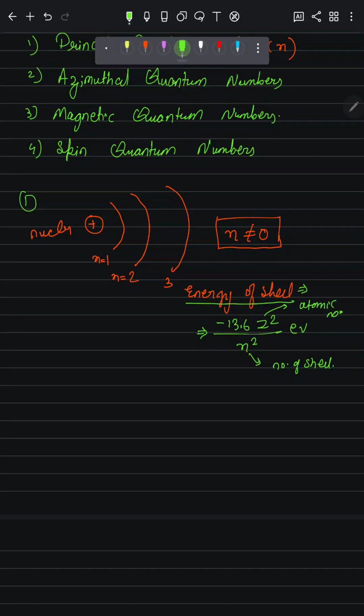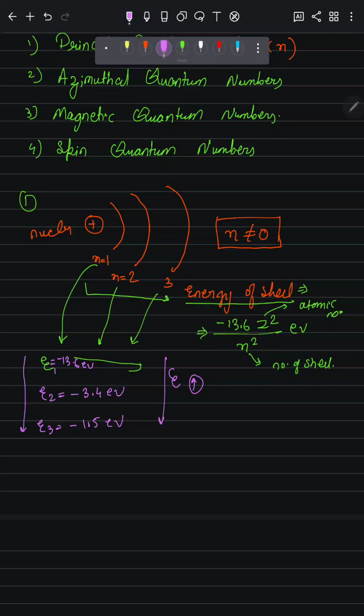If we talk about the energy order of these shells, then E1, which comes from n equal to 1, has the maximum magnitude of energy. If we go further from 2 to 3, the energy will increase.